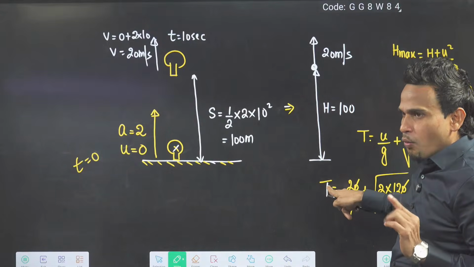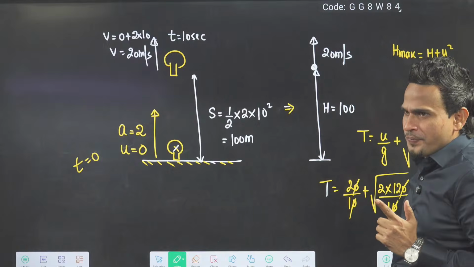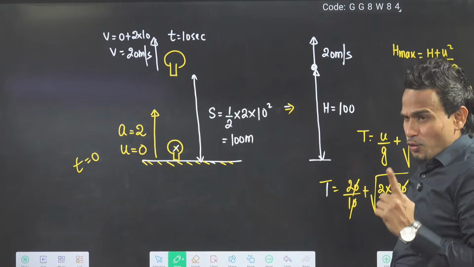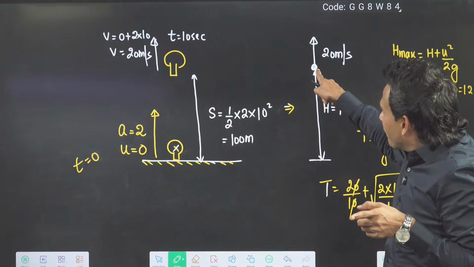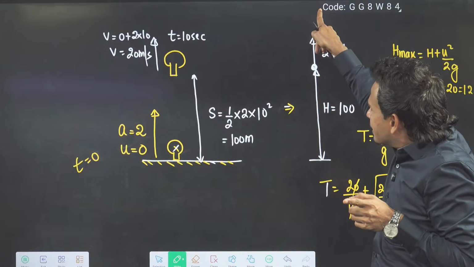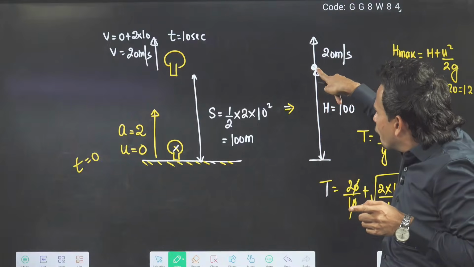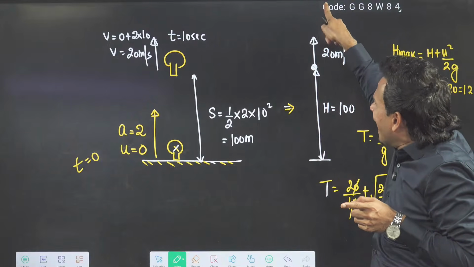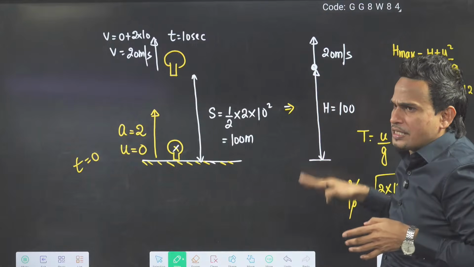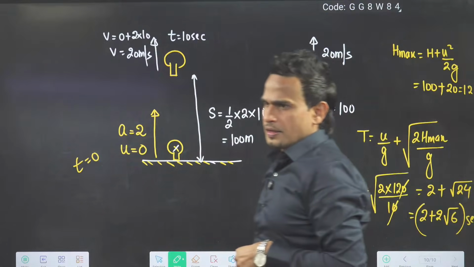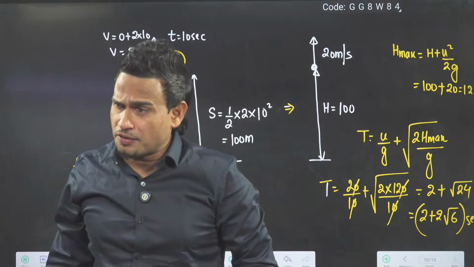What is the distance covered by the stone? Yogi Vardhan is saying correct. The distance covered will come to 140 meters, because distance means the actual length of the path. From here to the top is 20, and from the top to the ground is 120. So the distance covered will be 140 meters. These things are also asked: find the distance covered by the stone.